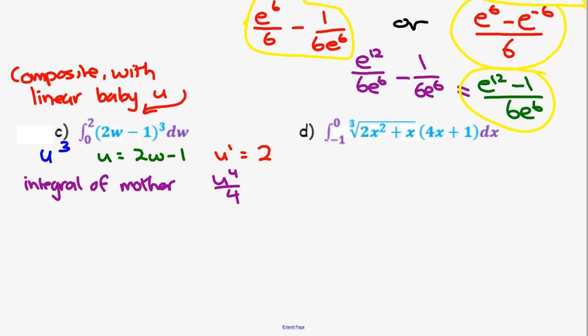So now we've got to times the reciprocal of the derivative of the baby. 1 over 2. Got to times that by the integral of the mother, u to the 4 over 4.